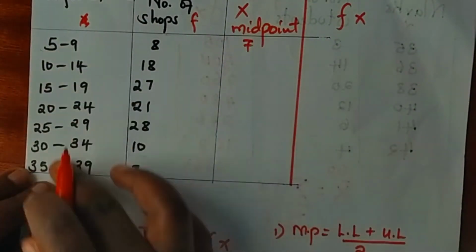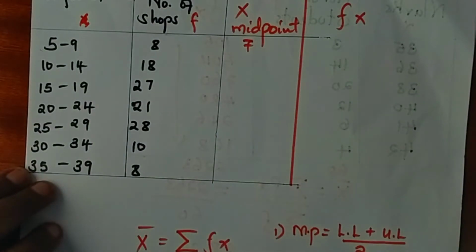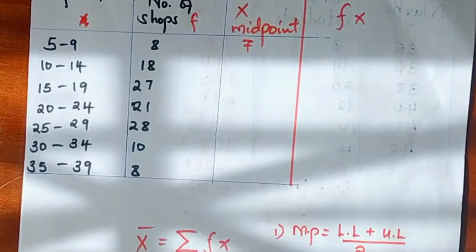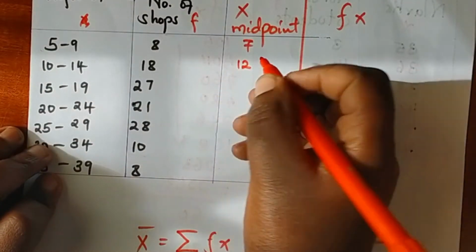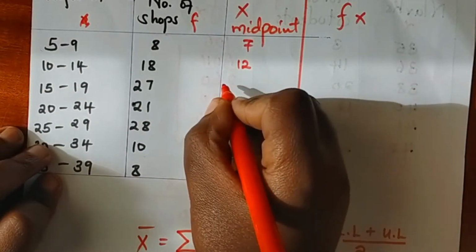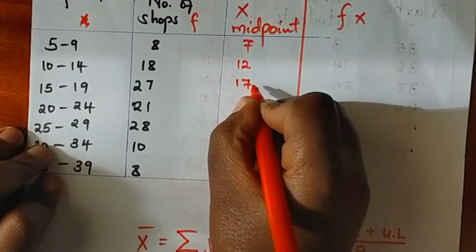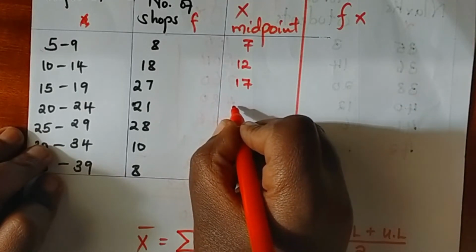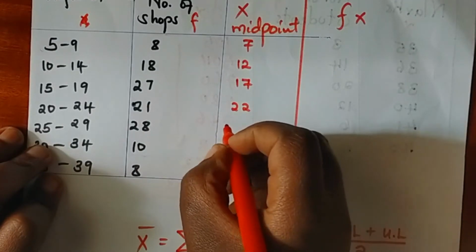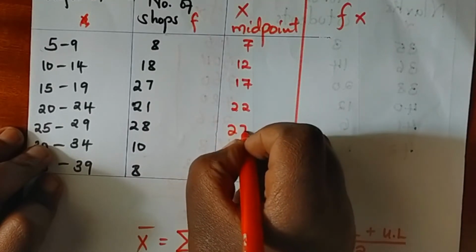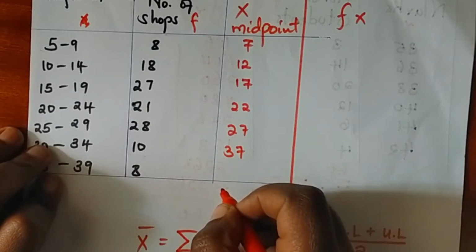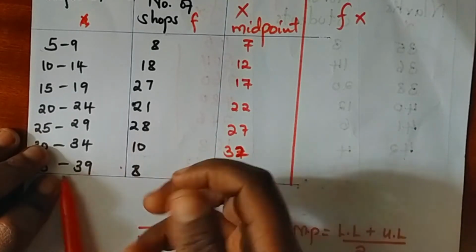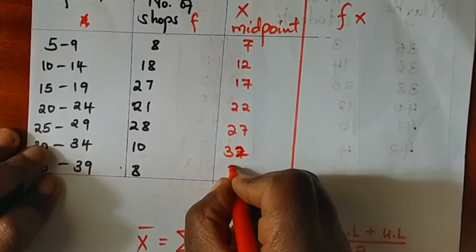The next class, because these classes are of equal width, has a midpoint of 12, then 17, 22, 27, 32, and then you have 37.